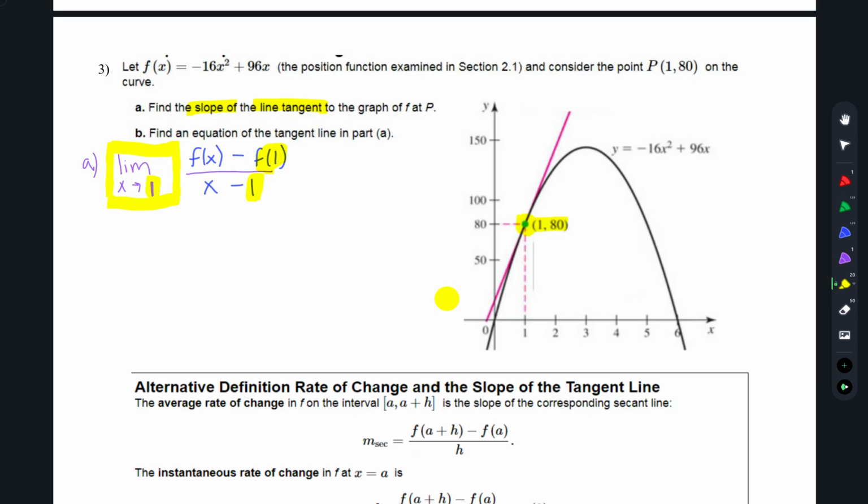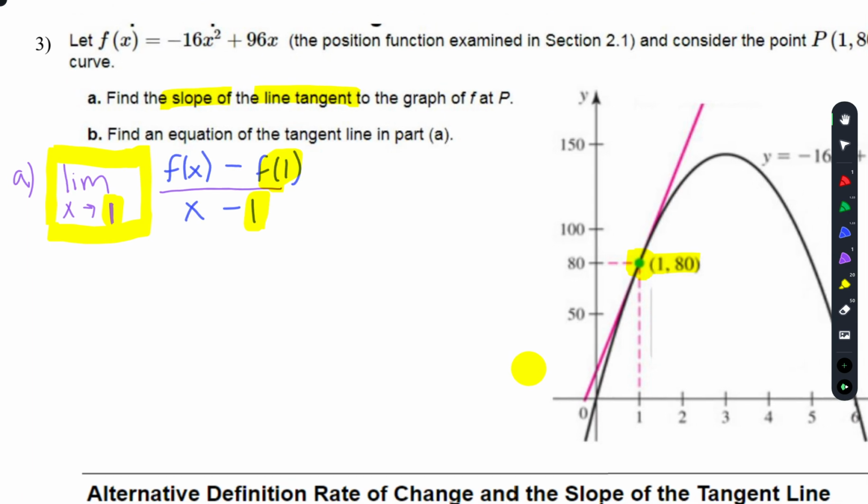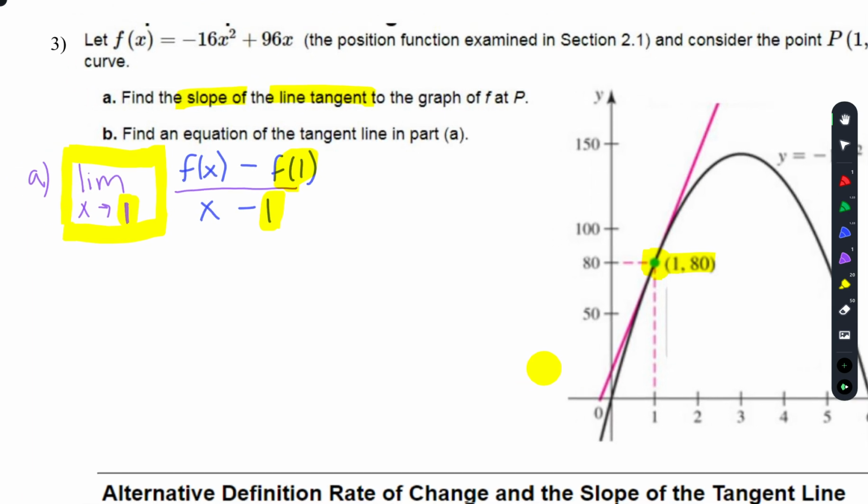So now this is where we go in for the algebra. Okay. So you're going to bring your limit every time. Okay. x approaches 1. And I'm going to write f of x. So I'm going to replace f of x with negative 16x squared plus 96x.